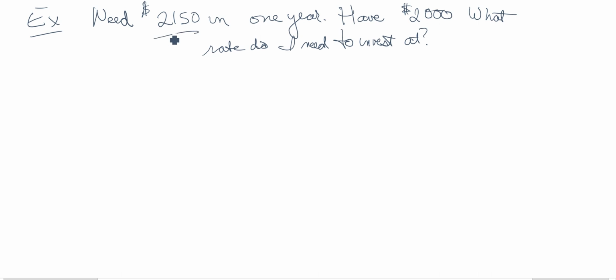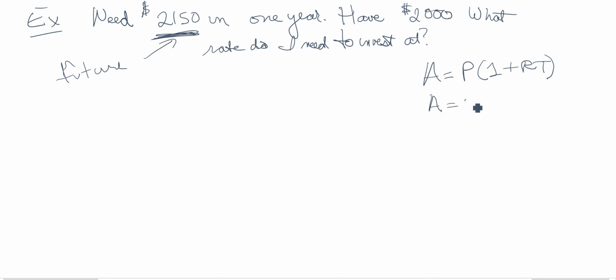Well, this time that 2,150 is not what I have now, but rather what I want in the future. So that's going to be my future value. I'm going to use my future value formula, A equals P times 1 plus RT. The future value is 2,150.